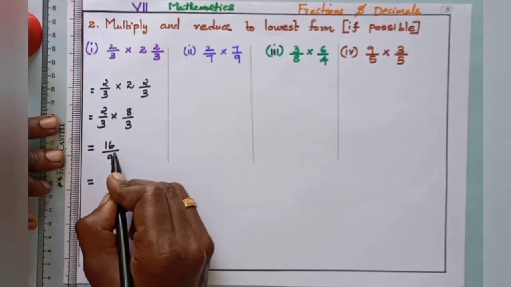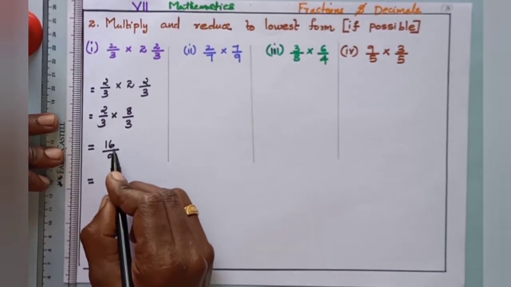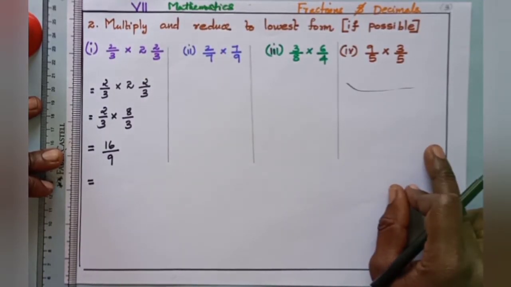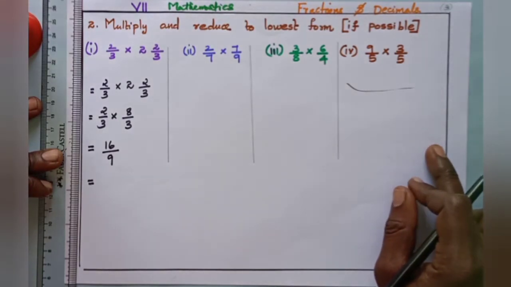See, 16 by 9. The numerator is greater than the denominator, so convert the improper fraction into a mixed fraction.